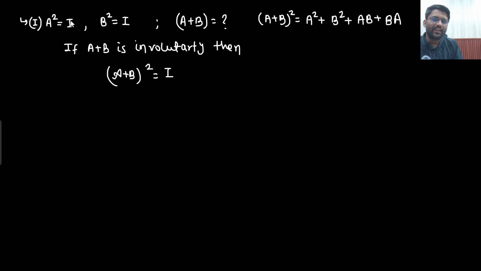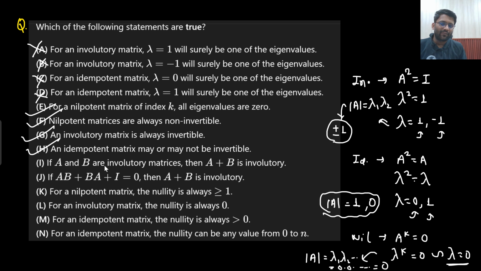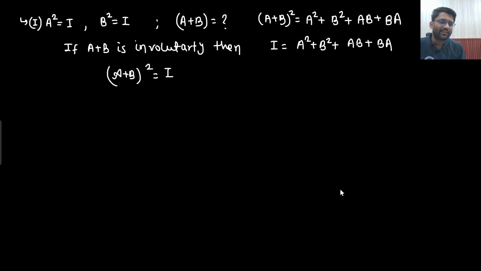If A is involutory, then A square equals I. So if A plus B is involutory, then A plus B whole square should be equal to I. So A square plus B square plus AB plus BA should be equal to I. But it is not necessary, no? What is the meaning of involutory? What they are saying, if A and B are involutory, then A plus B is also involutory. It is not necessary.